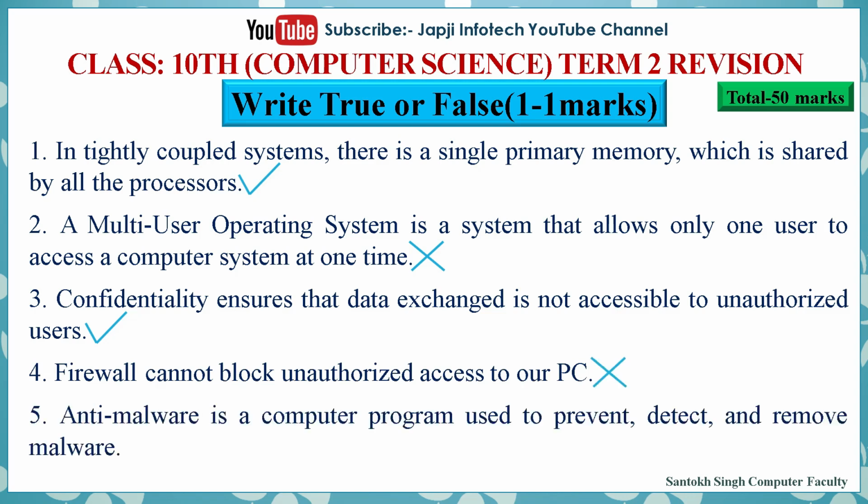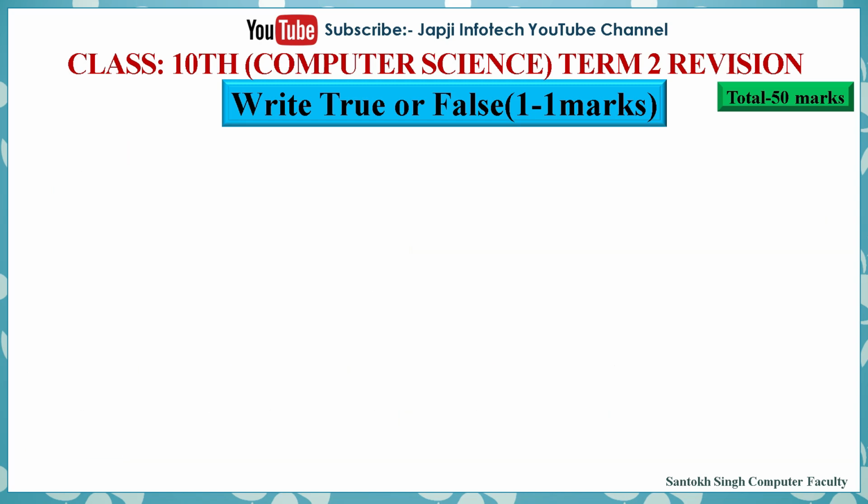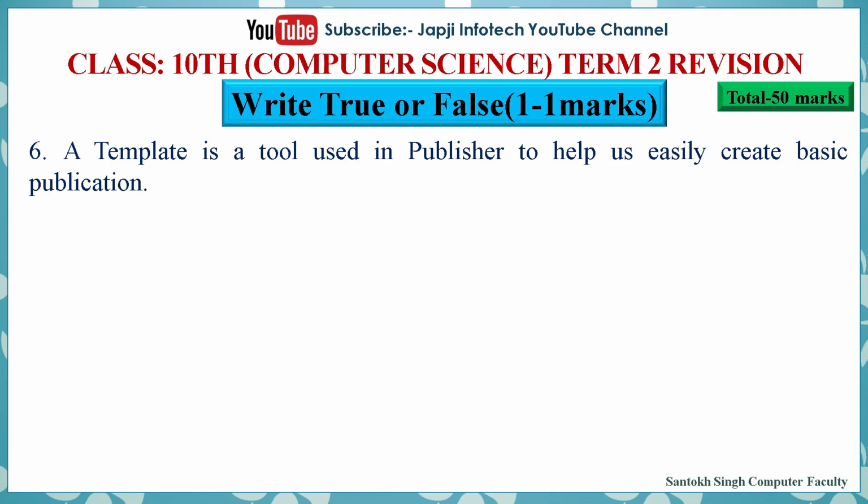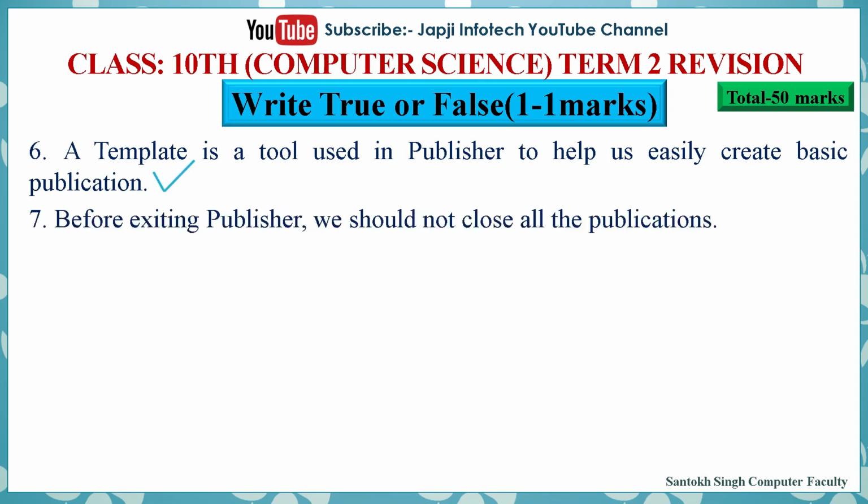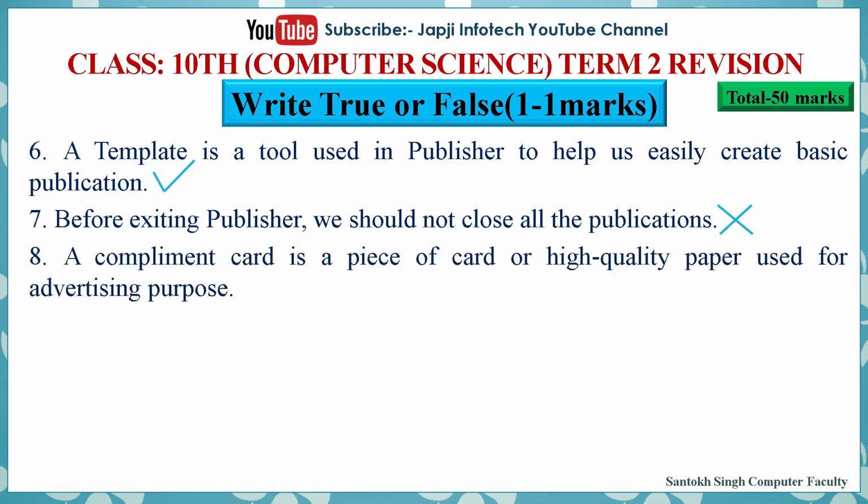Wrong. Fifth one is, anti-malware is a computer program used to prevent, detect and remove malware. True. And sixth one is, a template is a tool used in Publisher to help us easily create basic publications. True. Seventh one is, before exiting Publisher, we should not close all the publications. Wrong. Eighth one is, a complement card is a piece of card or high quality paper used for advertising purpose.